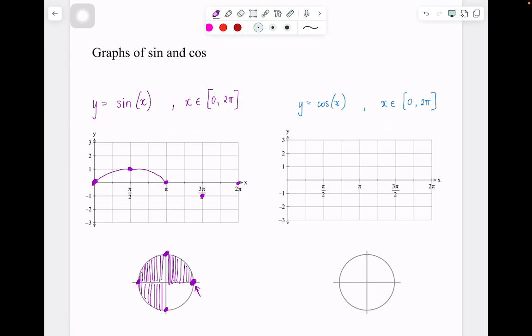Similarly, as we go down to -1, another curve follows, and we go back up to 0. So essentially, we have these 1, 2, 3, 4 curve segments that create a sine wave or sine graph.